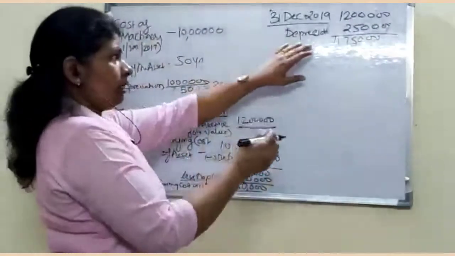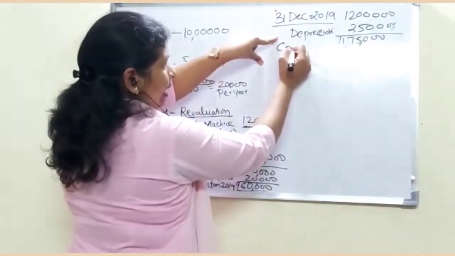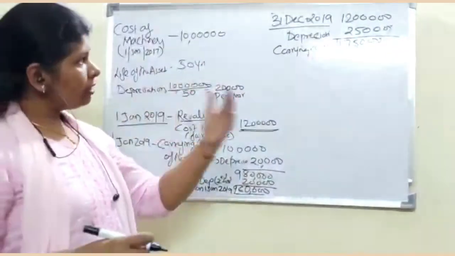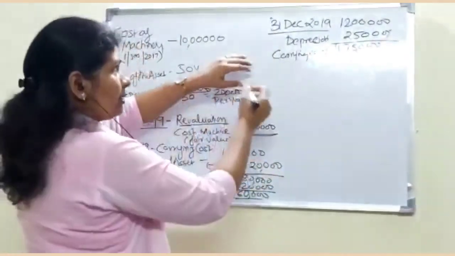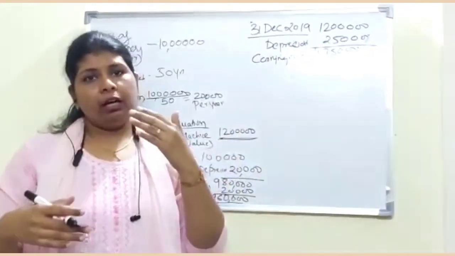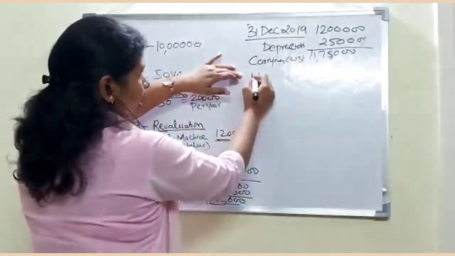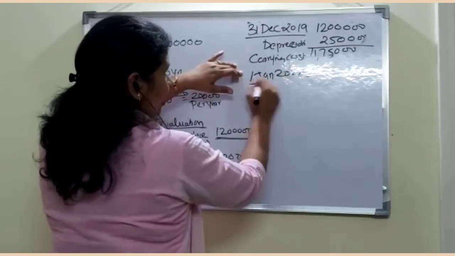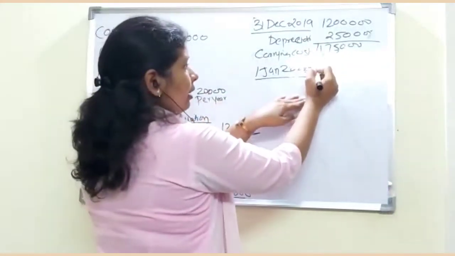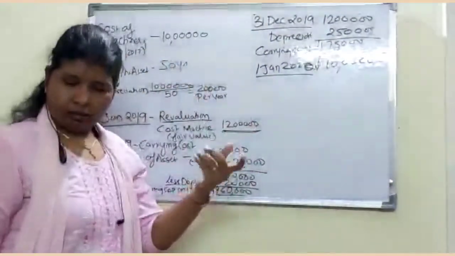This is the carrying cost of the asset on 31st December 2019. Now, 1 year has elapsed, and on 1st January 2020 the company did the revaluation again and the cost of the asset came down to 10 lakh rupees.